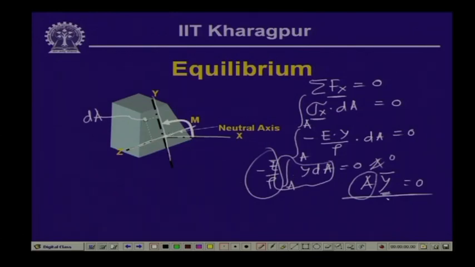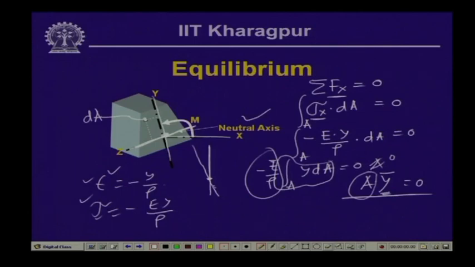Also, if y is equal to 0, then from the expressions of strain, minus y by rho, and stress, minus E y by rho, both the strain and the stress are 0 at this particular point, and that is the reason this particular axis is termed the neutral axis. So, in the cross section, we have a point where the strain and the stress are 0, and they vary linearly over the entire depth of the beam.